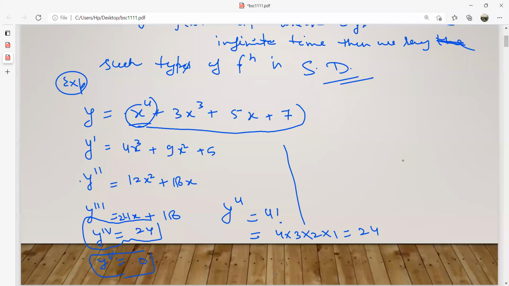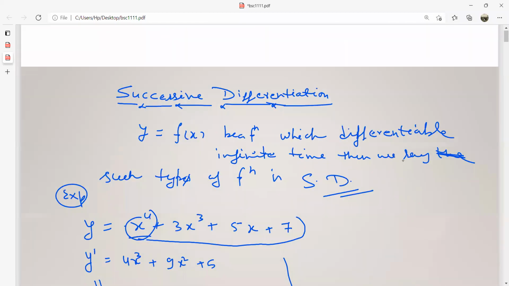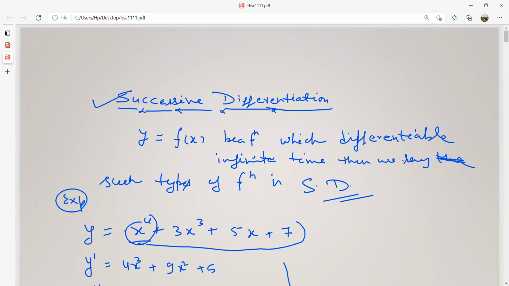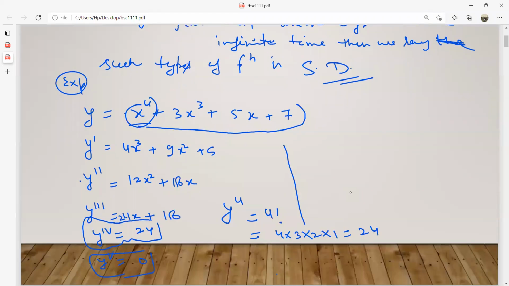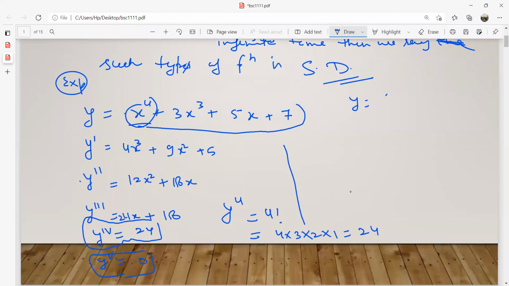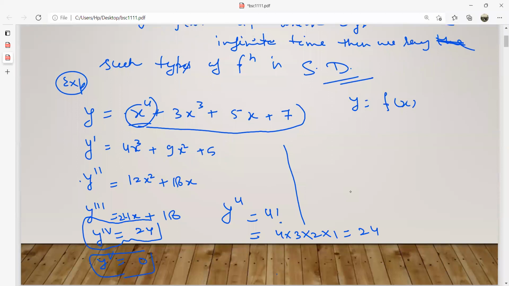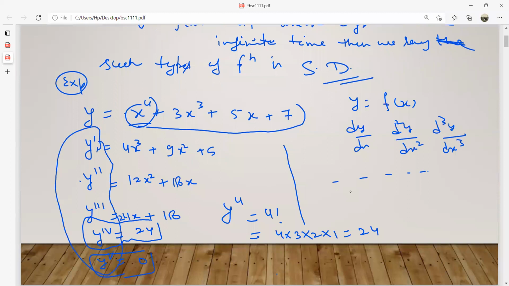Such types of problems we have to solve in this topic, successive differentiation. If you are given y equal to f(x), we define dy by dx, d square y by dx square, d cube y by dx cube, and so on. These are the denotations of a derivative term.